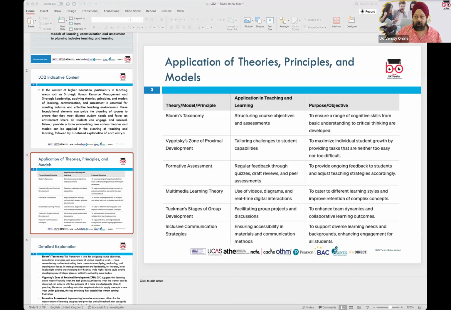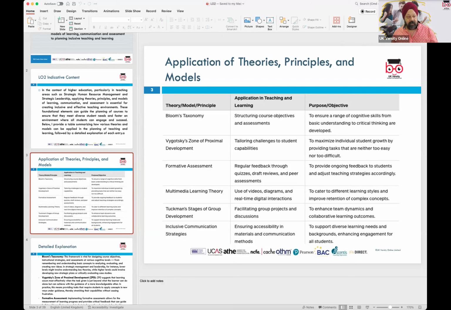And because it's all about application, if I pick out, say, why do we do initial assessments? Initial assessments are required because we are looking at structuring objectives and assessments on the basis of the learner's requirements. So you have some part of Bloom's taxonomy being implemented into the initial assessments and diagnostics that we do.